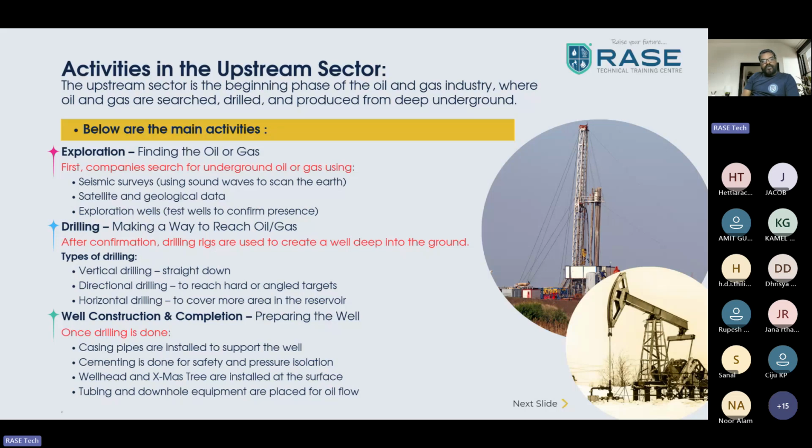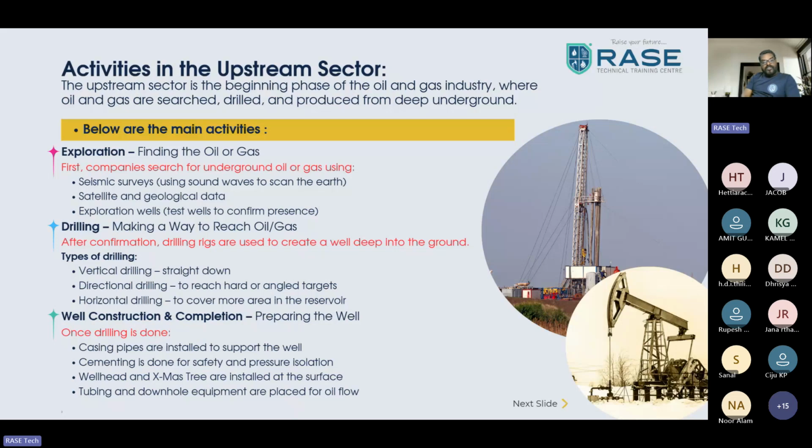The company searches for underground oil or gas using seismic surveys, which use sound waves to scan the earth, along with satellite and geological survey data. Then we drill an exploration well, like a test well, to confirm the reservoir pressure. Thereafter, we go to the next stage, drilling, making a way to reach the oil and gas.